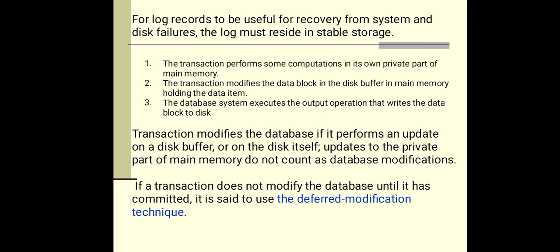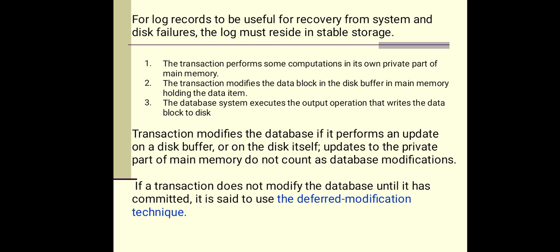The transaction performs some computation in its own private part of the main memory. The transaction modifies the data block in the disk buffer in main memory holding the data item, and the database system executes the output operation that writes the data block to disk.